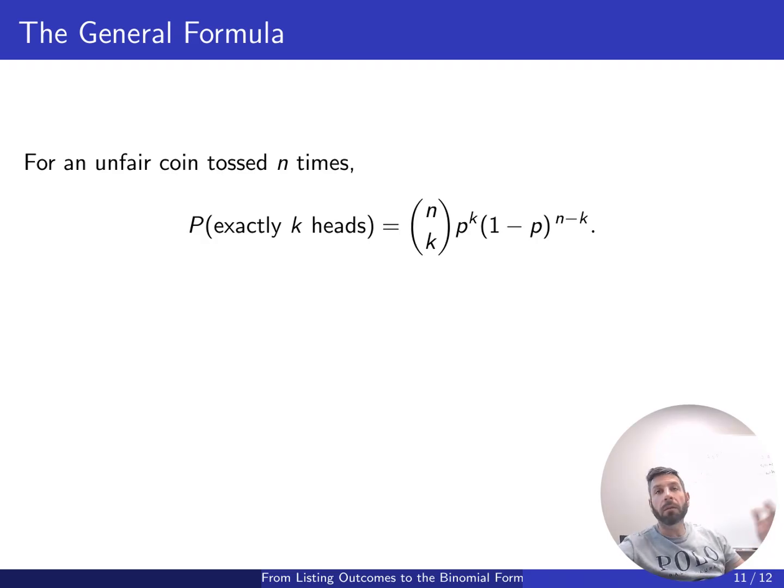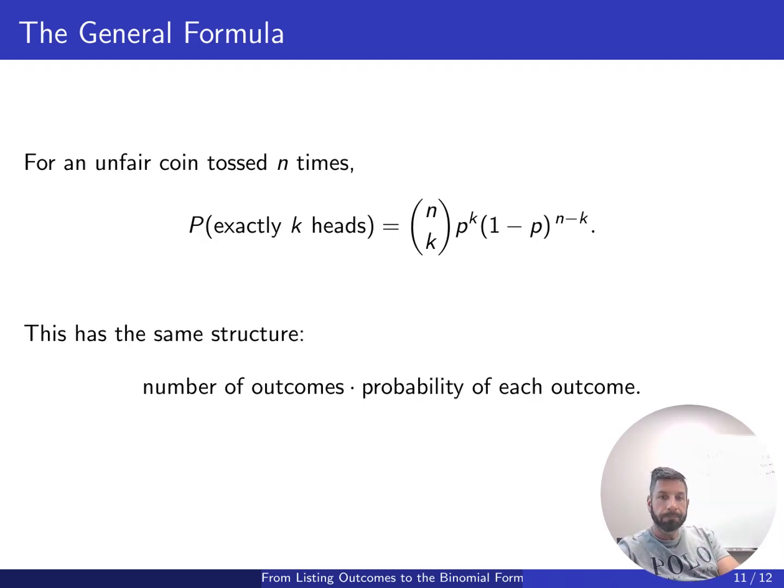So the formula generalizes in the case that we're flipping this coin n times instead of 5. It generalizes like this. And an observation that I would encourage you to make is that the number of outcomes times the probability of each outcome is the structure of this formula.